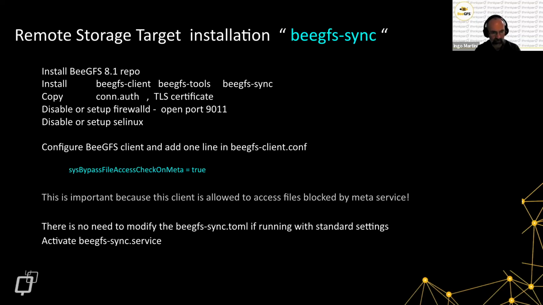We need to open the firewall ports 9010 and 9011, and we should disable or at least set up the SELinux configuration. As most of you may have heard before, we propose to switch off or disable SELinux for BeeGFS installations. As this becomes more and more of a request, we now have, with BeeGFS 8.2, documentation on how to set up SELinux together with BeeGFS.